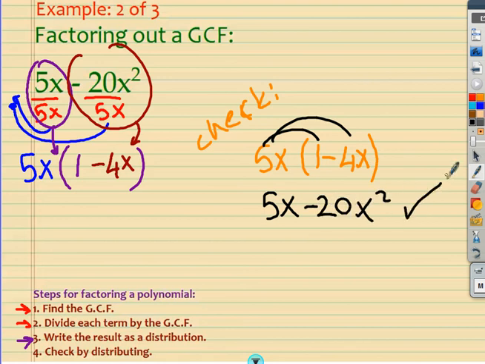So we did find the same initial answer. Factoring out is the reverse of the distributive property. So we will find the greatest common factor and then divide out the greatest common factor, right, as the greatest common factor times whatever is left after doing the division step.